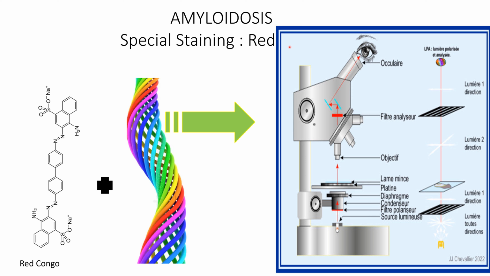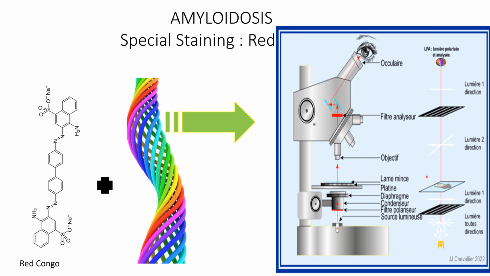The ability of amyloid deposits to polarize light allows pathologists to distinguish these deposits from other types of protein deposit or tissue lesion. This characteristic is essential for making an accurate diagnosis and differentiating amyloidosis from other kidney disease.